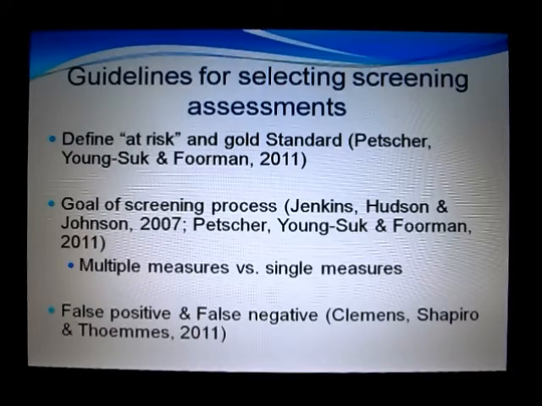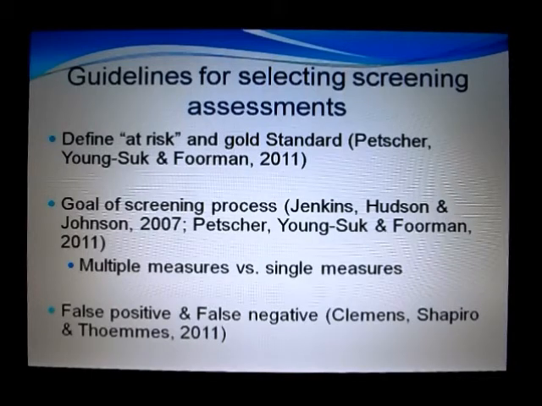So multiple measures would be at the beginning of the year you give all your kids the DIBELS assessment, and then you look at those students who fall within that possible risk area and you monitor them every 2 weeks for 6 weeks. And then you use that progress monitoring to determine.